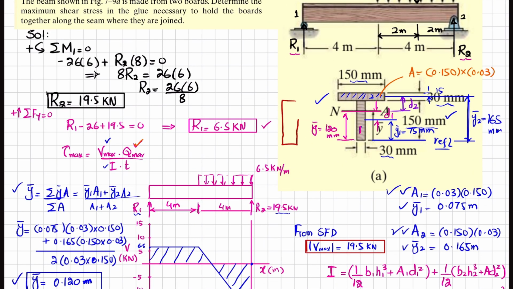Let this be the first board. So the shear stress will be like this. This will be the shear force that will be acting like this. Why upward? Because you can see the maximum shear force is 19.5, and that will be at the end because this will be plus 19.5. So shear force is upward.